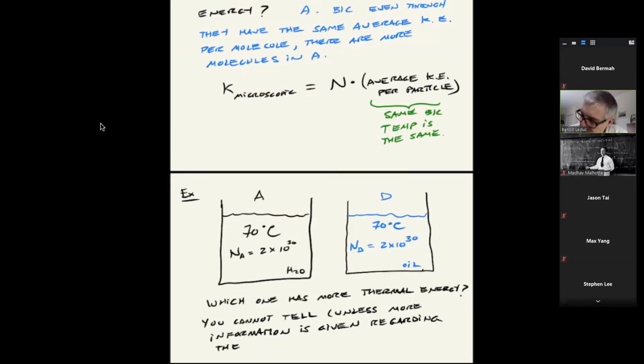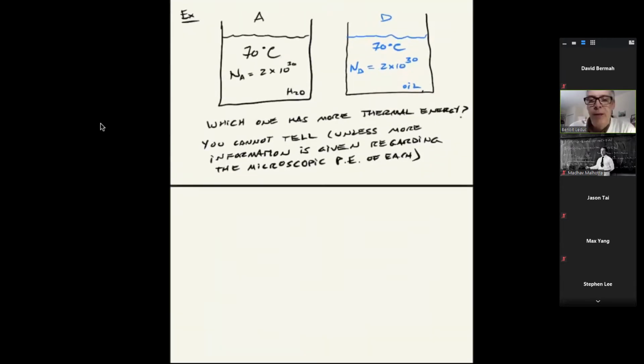So the microscopic potential energy depends on the intermolecular forces. The intermolecular forces between water molecules are not the same as the intermolecular forces between oil molecules. So the microscopic potential energy stored in the oil is different than that of water, right? And since you don't know much more, you cannot tell.